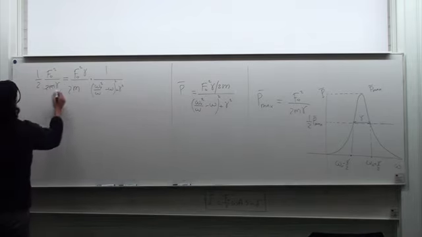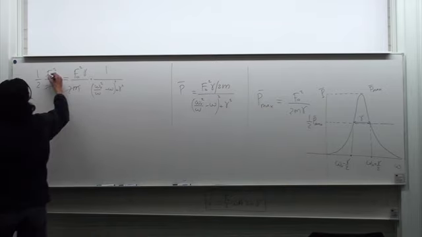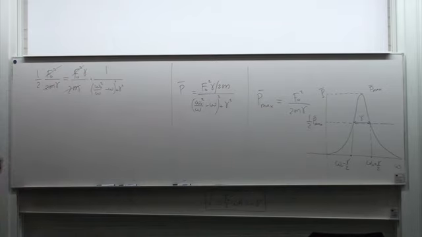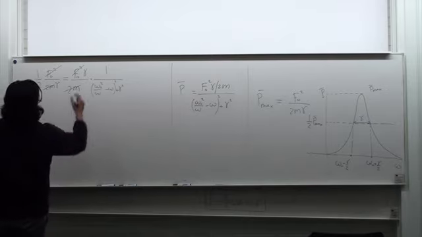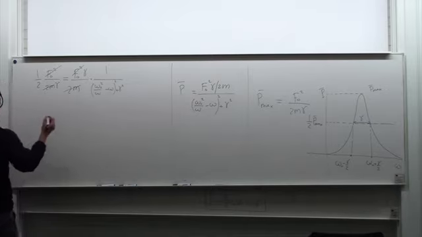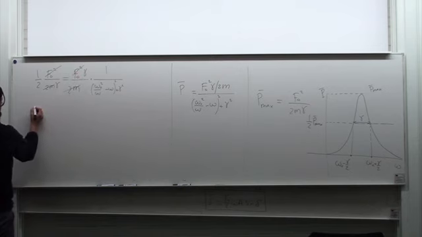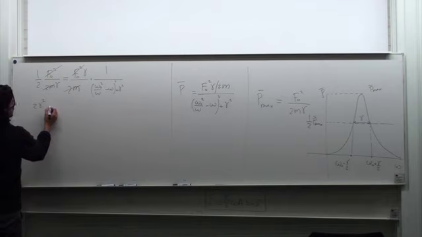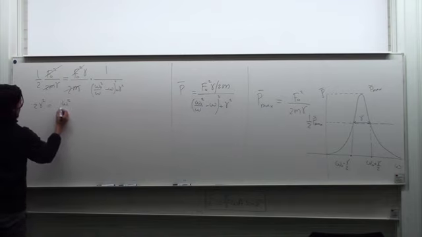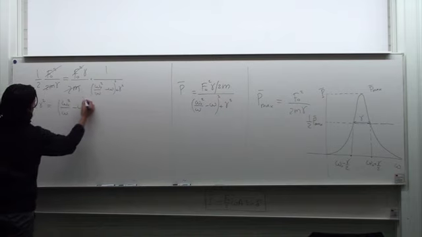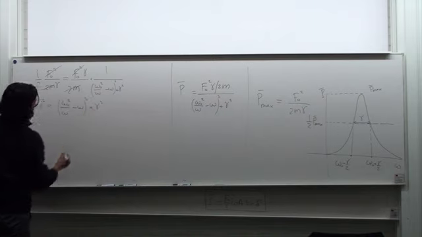These cancel. This cancels out. On one side we can write 2 gamma squared, and on the other side we can write omega 0 squared over omega minus omega 0, all squared, plus gamma squared.